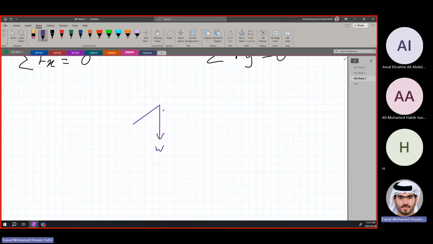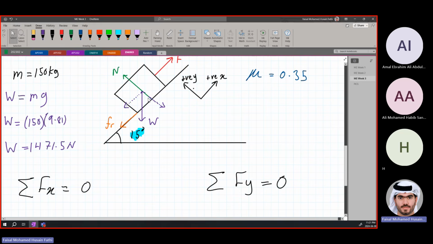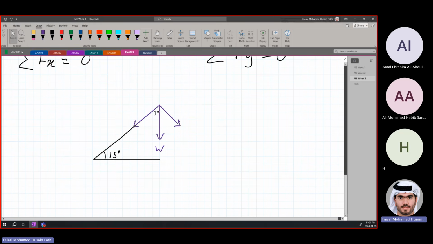We want to have a weight force along the plane. This is the plane. Alright. And then we will have another force that will be perpendicular to it. Okay. So we're going to have a weight here and a weight here. And we know that this angle is 15 degrees. It's an inclined plane. I'm just drawing the same thing a bit lower so that it shows how it looks.